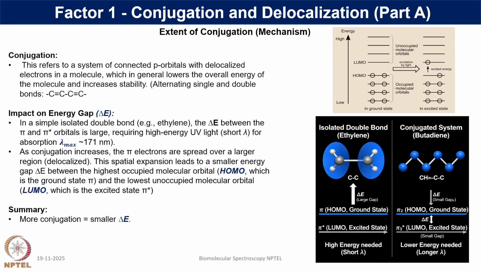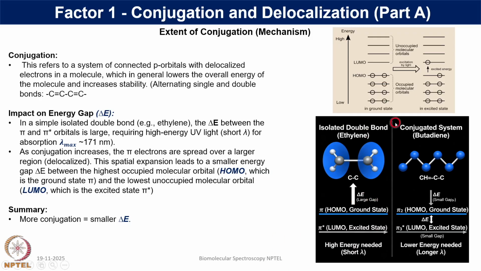And what are the factors that affect this kind of absorption? The extent of conjugation is giving us the chromophore. Like if you look at an example, a single bond, here we have a C-C, the molecular orbital. I asked you to remember in the previous class the highest occupied molecular orbital, HOMO, and LUMO concept, right.